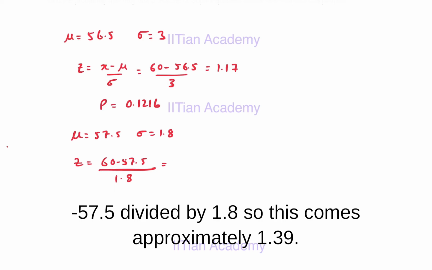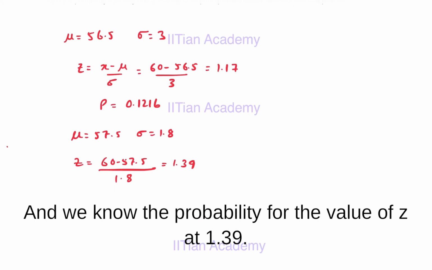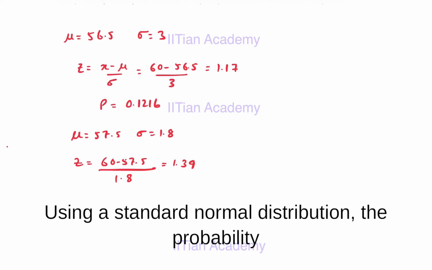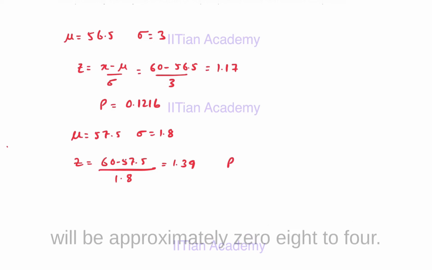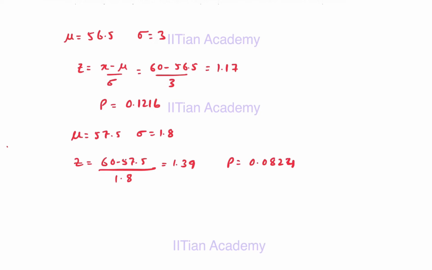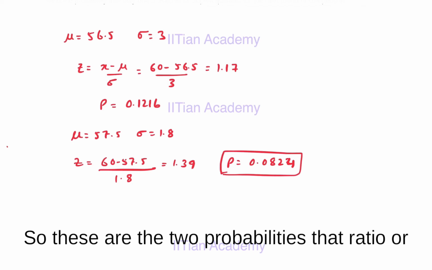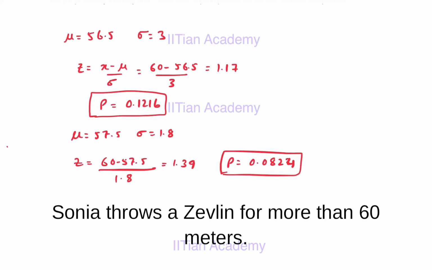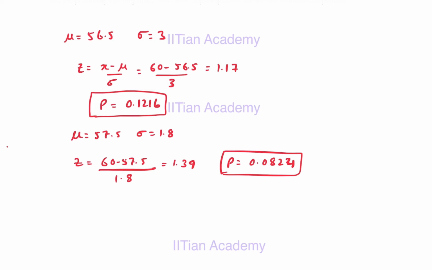So this comes approximately 1.39, and we know the probability for the value of z at 1.39 using a standard normal distribution will be approximately 0.0824. So these are the two probabilities that Rachel or Sophia throws a javelin for more than 60 meters.